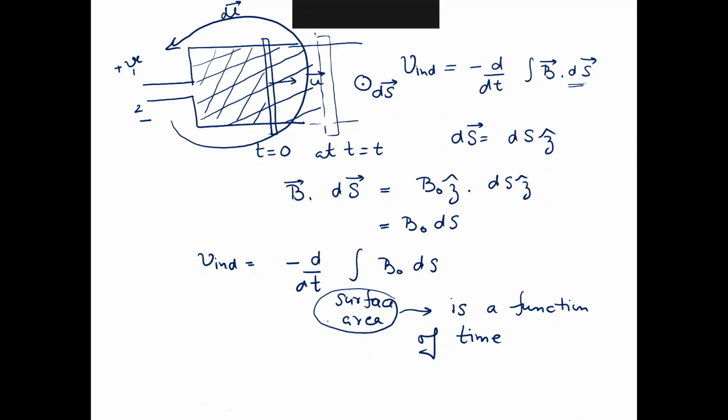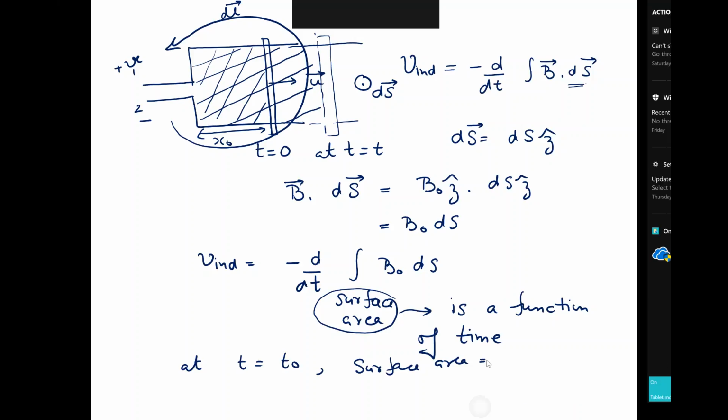I have to define this limit. Well, let's assume that at t naught, the width was some x naught. So at t equal to t naught, the surface area would be some x multiplied by h.